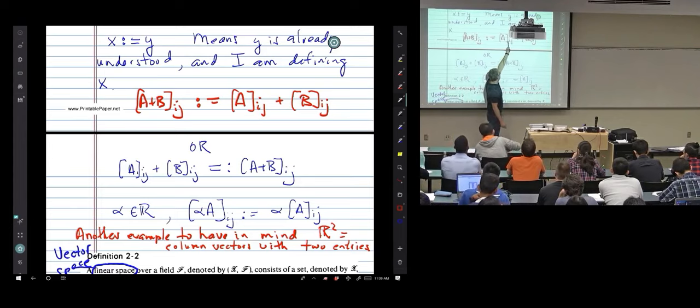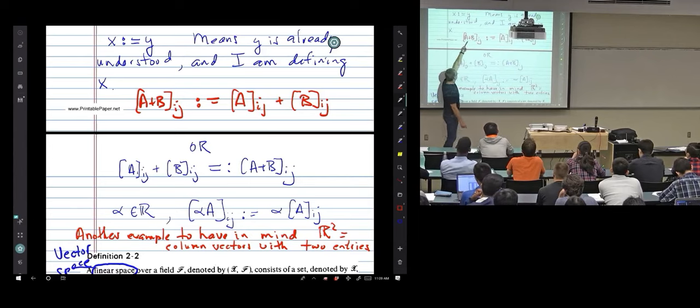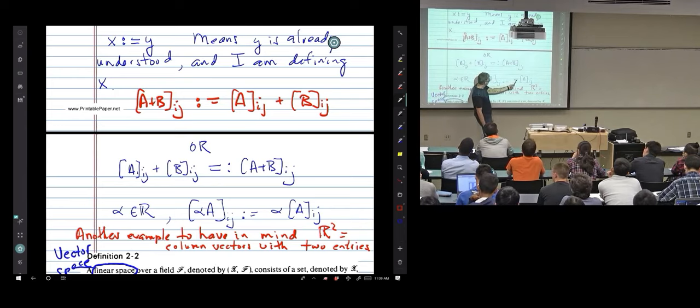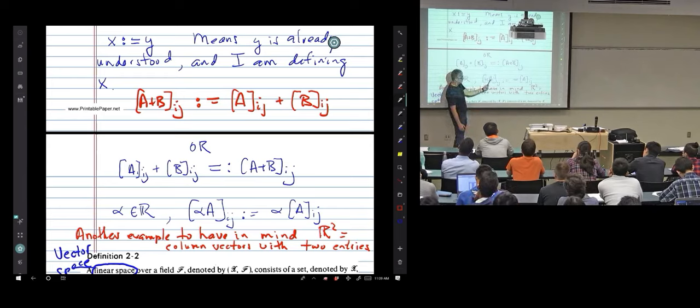I knew how to add real numbers, and I extended my plus sign to a bigger set of objects, 2 by 3 matrices, by just doing component by component addition. And I did the same thing for multiplication. I know how to multiply two real numbers, and based upon that, I told you how to multiply a real number times a matrix.